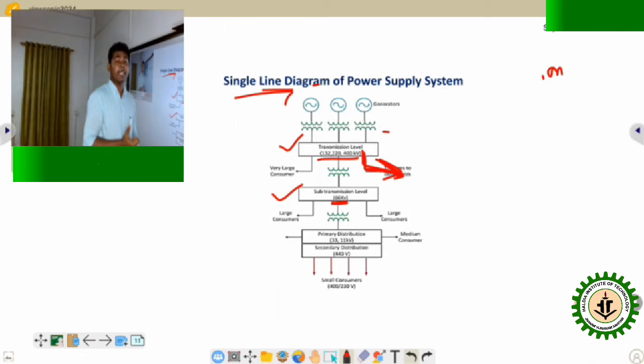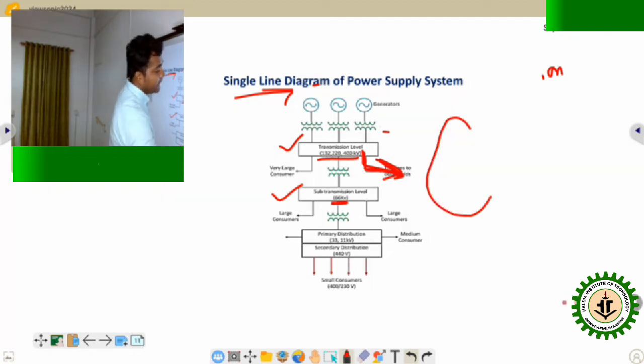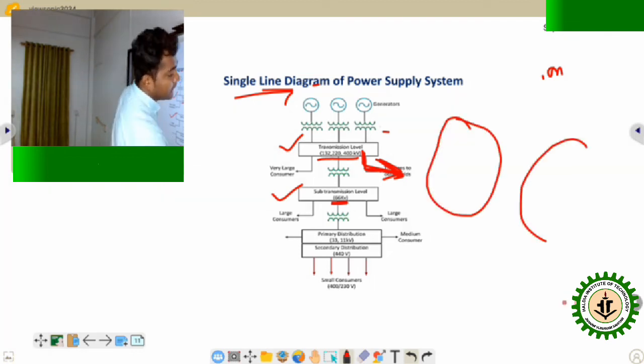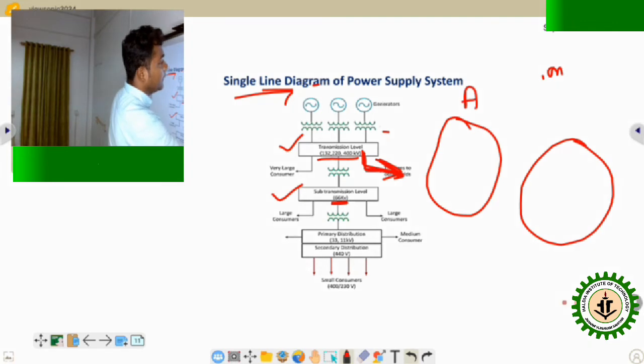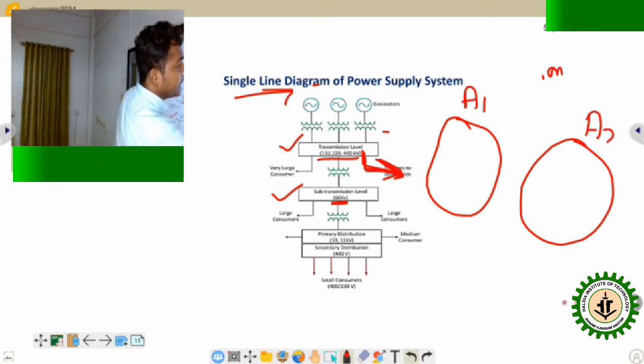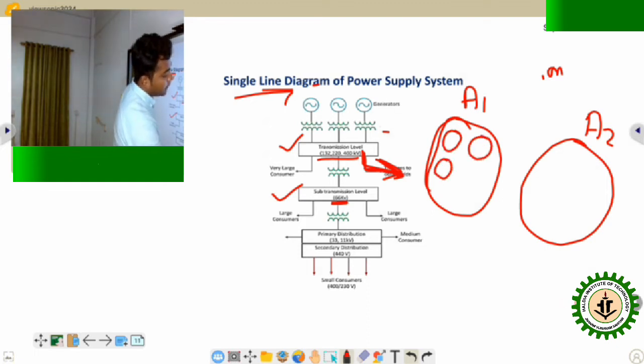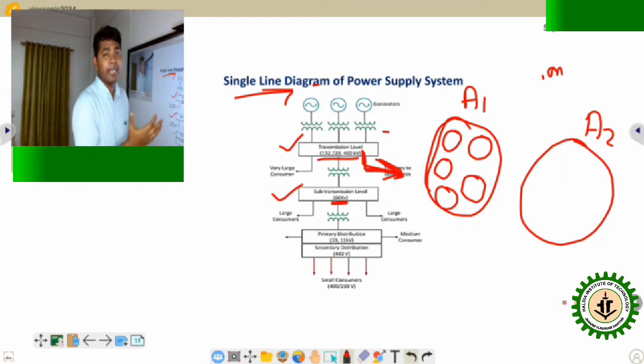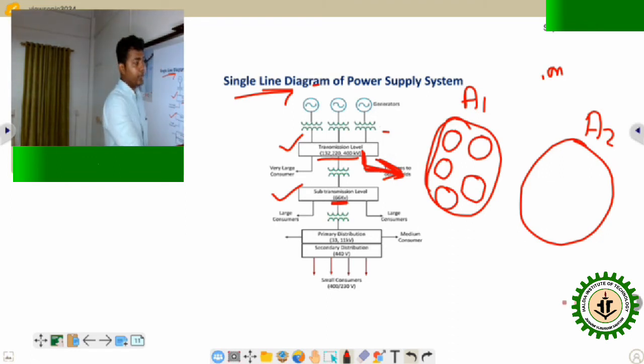Suppose one area is this one, A1, and the second area is A2. In this region, there are 4-5 generating plants, different types of generating plants, and here also some generating plants are there, where the power is generated.